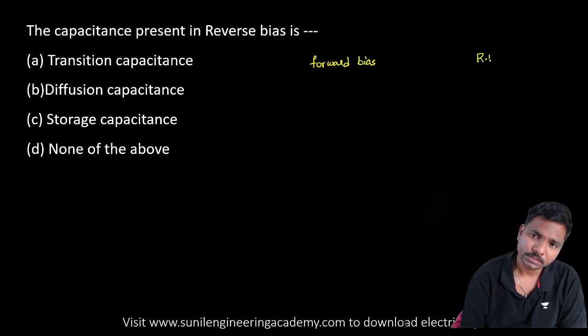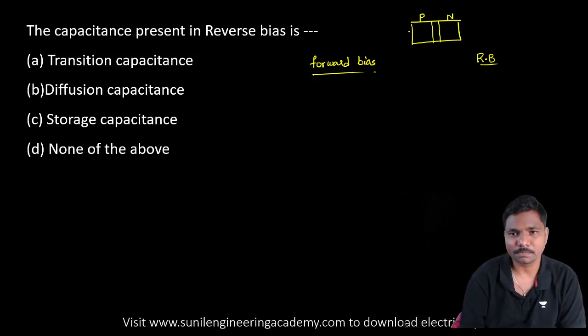If you consider a PN junction, one side is doped with P, one side is doped with N. Between that, a depletion layer forms. That means it is positively charged and negatively charged. So between the two charged plates, one dielectric is there, then capacitance is formed now.